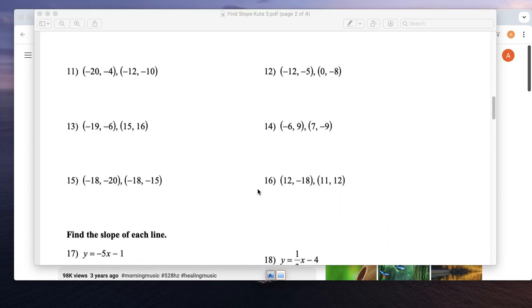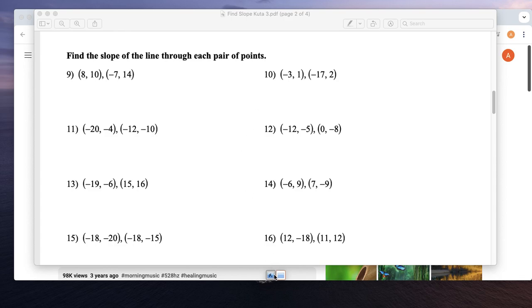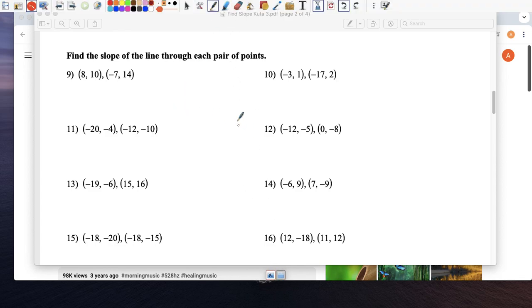Now this one, you don't have the graph, so we can't cheat and just count. So here we have to do x1, y1, and therefore this would be x2, y2, and if you did it backwards, that's completely fine. You get the same exact answer because you're finding the difference between the two coordinate points.